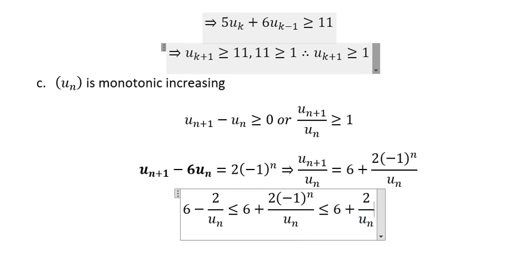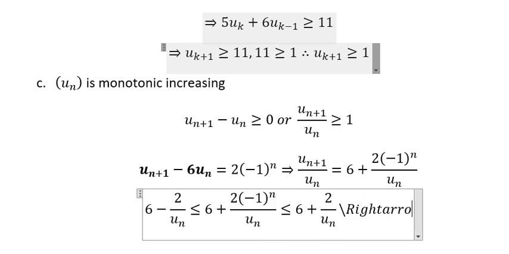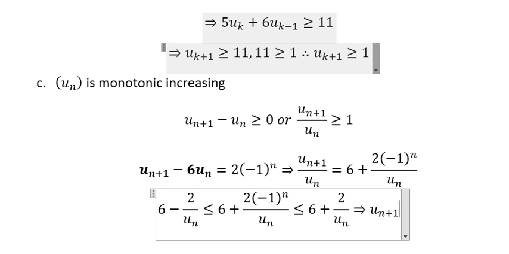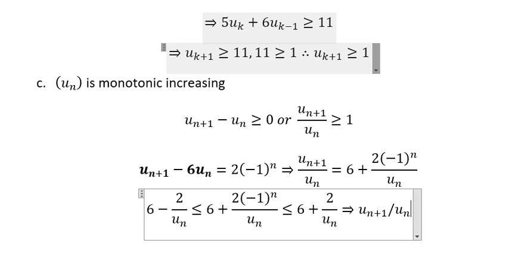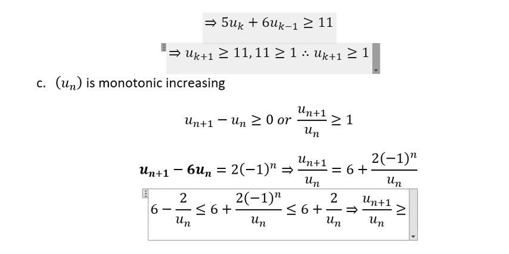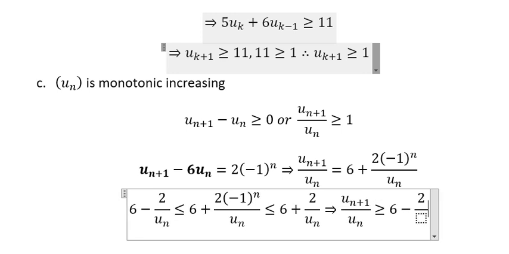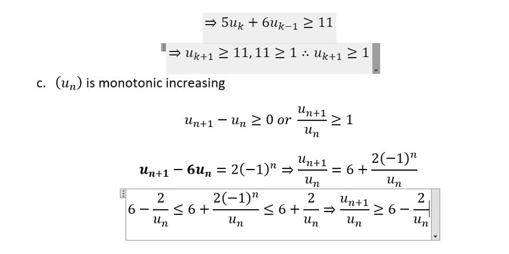So let me just write this as Un plus 1 over Un is greater or equal to 6 minus 2 over Un. Now for this answer to be bigger than 1, this guy has to be bigger than 1.